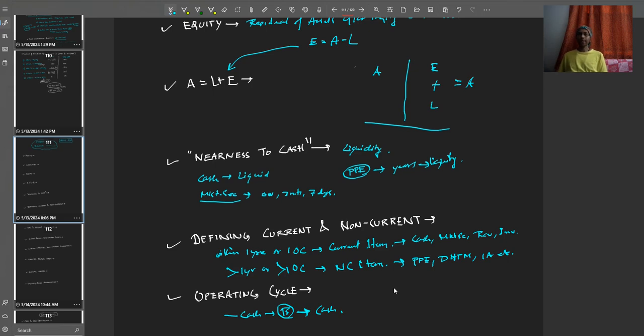So how does this work? Let us look at it a little bit more. You enter cash and you take in raw materials, right? You take in raw materials as inventory, then you create a product, then you sell it. When you sell it, you get the revenue.